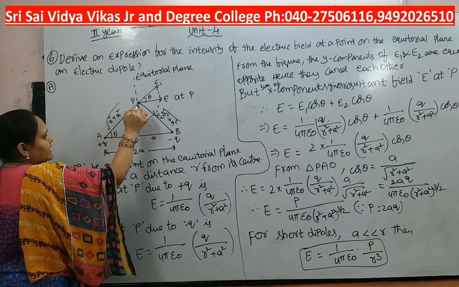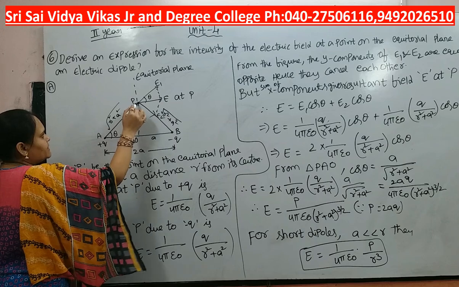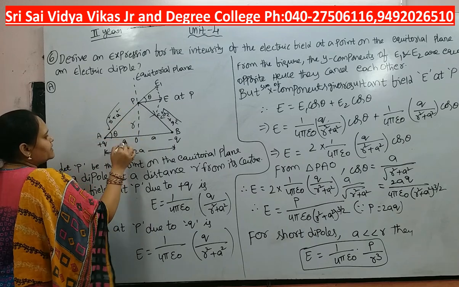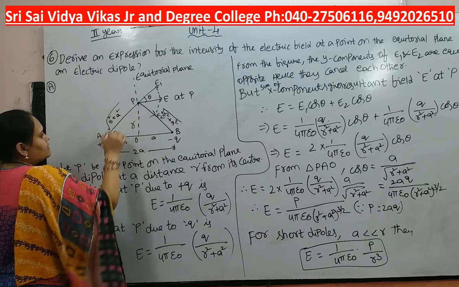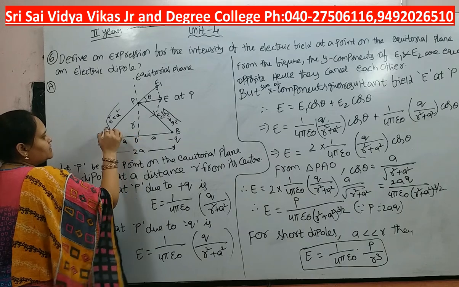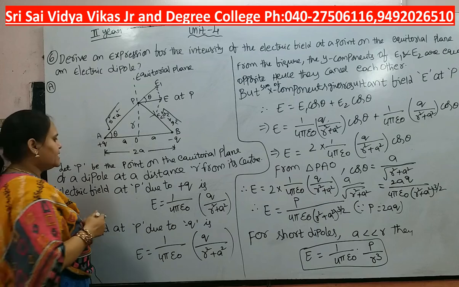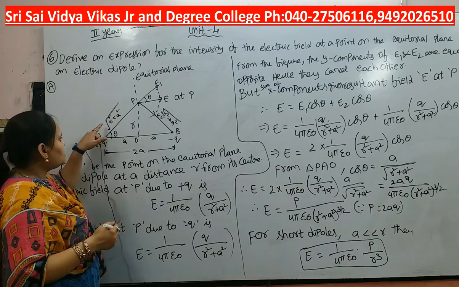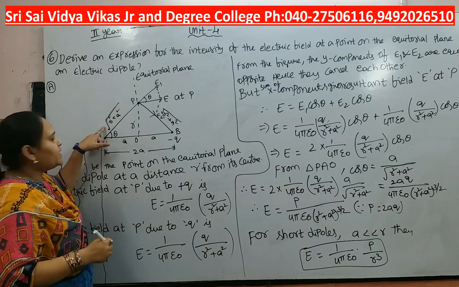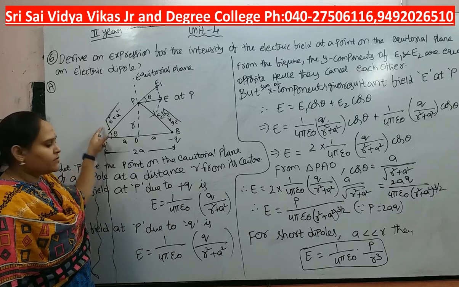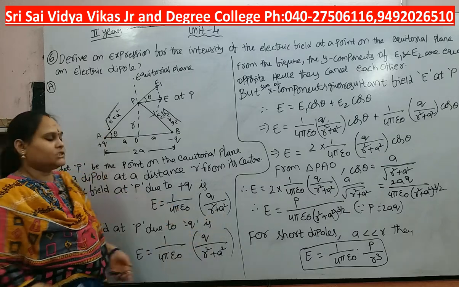From the triangle PAO we can write AP equal to square root of r square plus a square. So the square of square root of r square plus a square is nothing but r square plus a square.